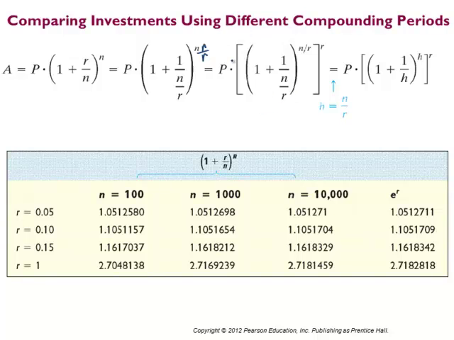So now you can write your expression like this. And now treating n over r as kind of an unknown quantity or a variable unto itself, you can make a little substitution. Call it h. So wherever you see n over r, replace it by h.